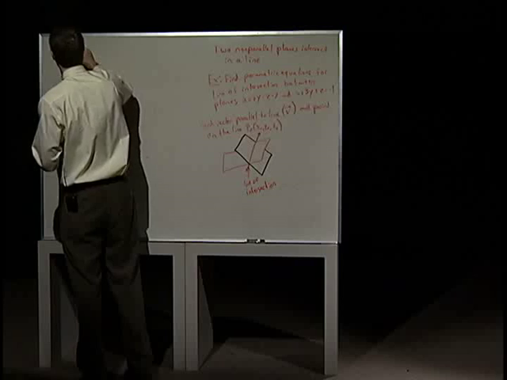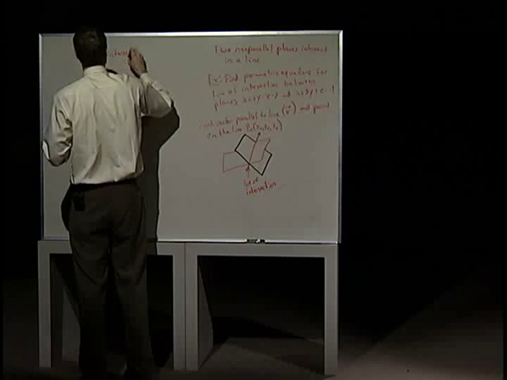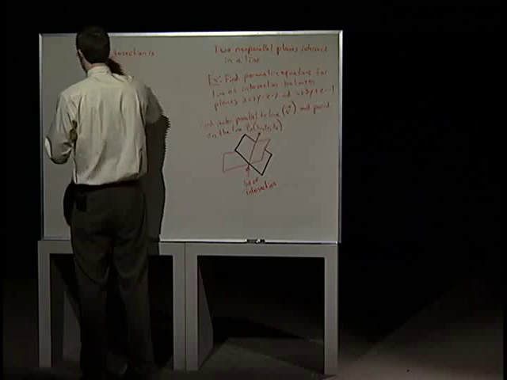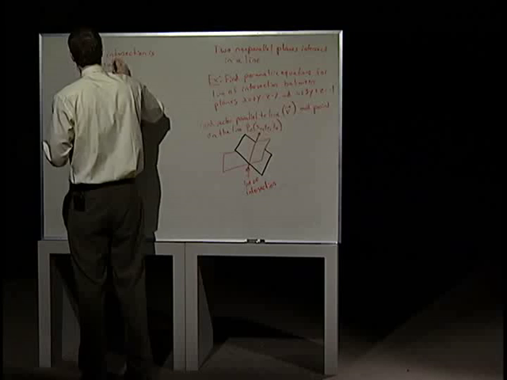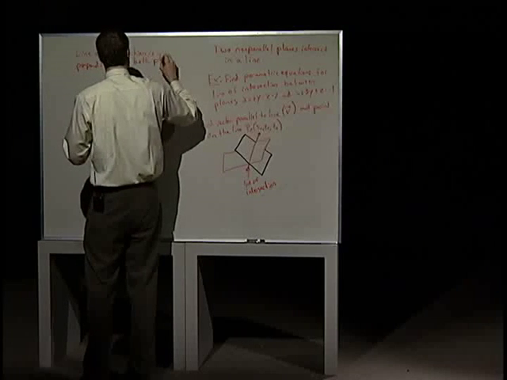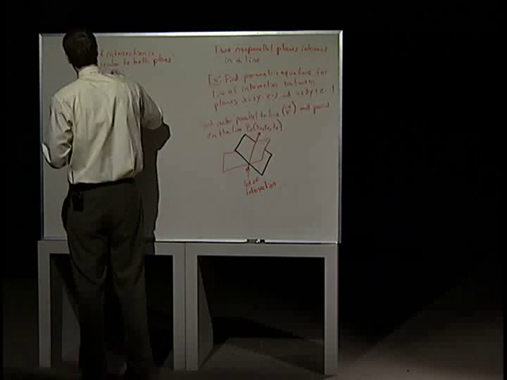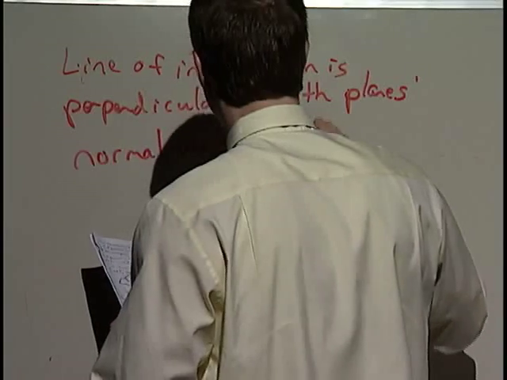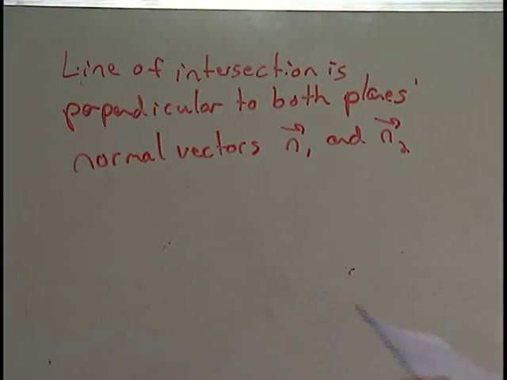The line of intersection is perpendicular to both planes' normal vectors, n1 and n2.